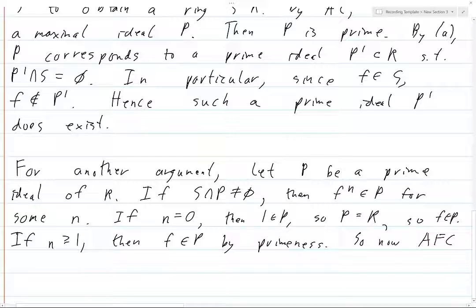Okay, so now assume for contradiction. So that's what we wanted to prove. We wanted to prove that if we have a prime ideal of R which intersects S, then f is in this prime ideal. Wait. Does that even make sense? Anyways.